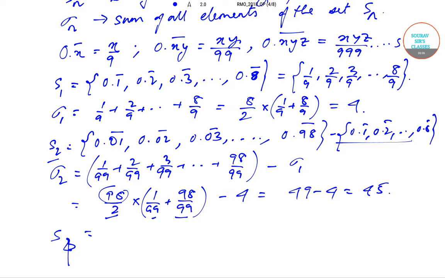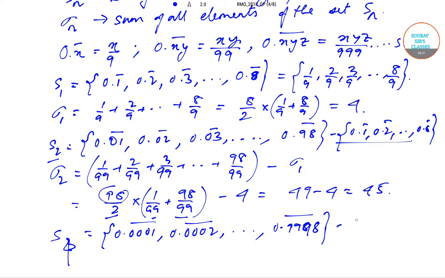So S4 will be basically equal to, if we find out the numbers, 0.0001 bar, then we'll have 0.0002 bar, and it goes on up till the number 0.9998 bar. Okay, and we'll be subtracting the set having elements S1 union S2. So S1 union S2 elements will be subtracted.